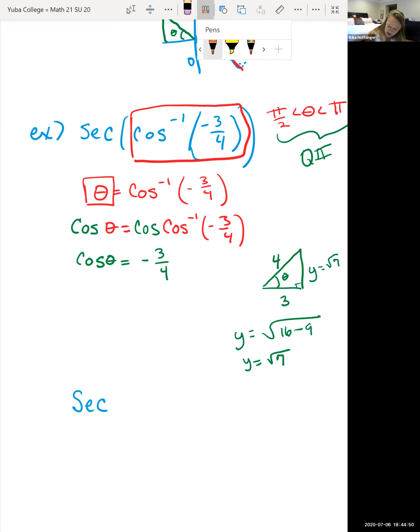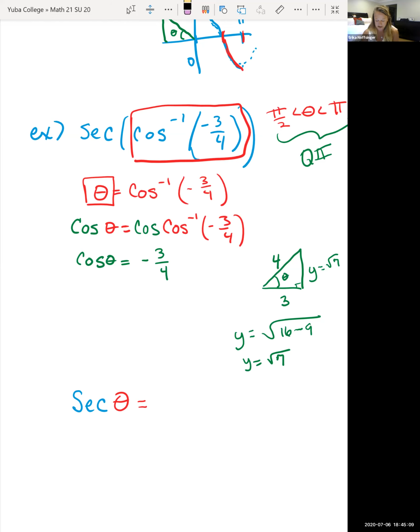And now we can use our triangle to figure out what secant of theta is. Well, secant is 1 over cosine. So actually, this one would have been okay. You didn't have to figure out that root 7.